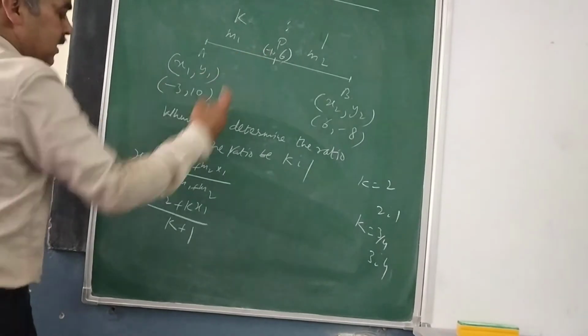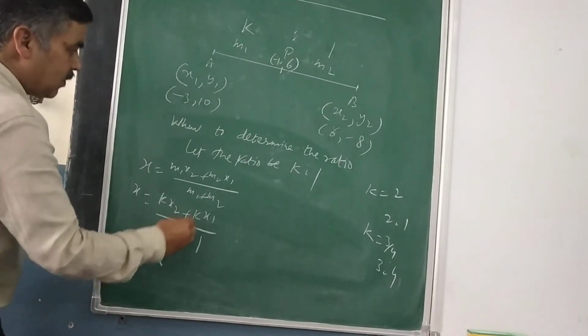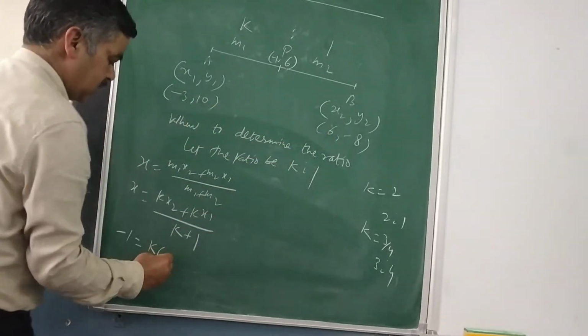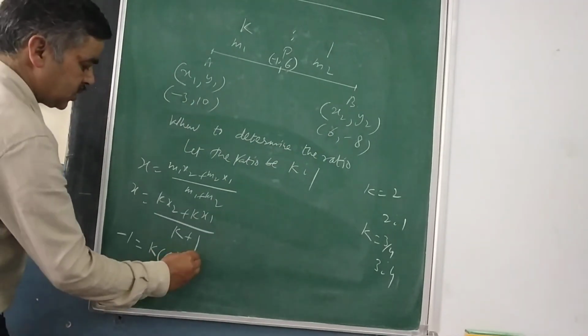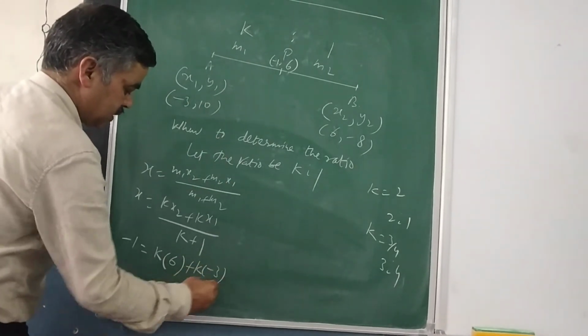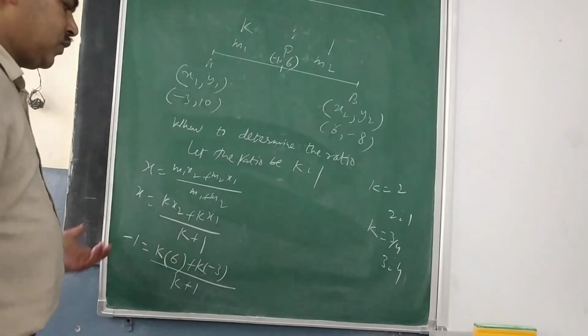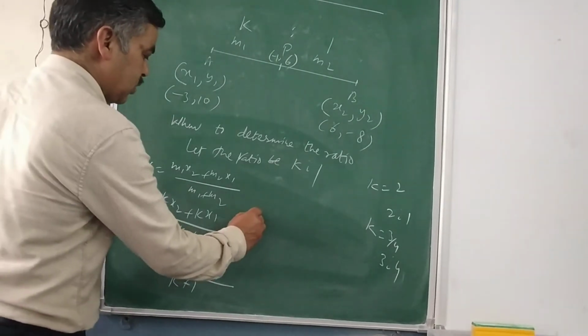Now you substitute the values. What is x here? That is minus 1, equal to k times x2, which is 6, so I will substitute 6. Again, x1 is minus 3, and it is k plus 1. I hope all of you can do these calculations as per your convenience.